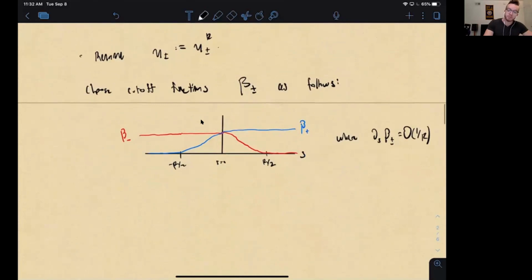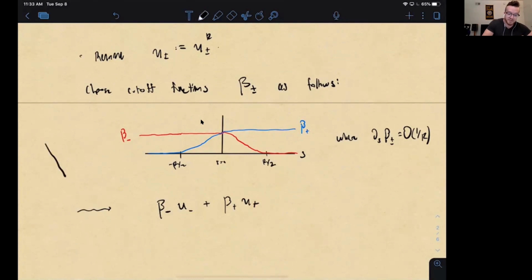The pre-glued flow line is going to look like beta minus times u minus plus beta plus times u plus, where again, this addition is being done in the coordinate chart nearby Q that I picked.